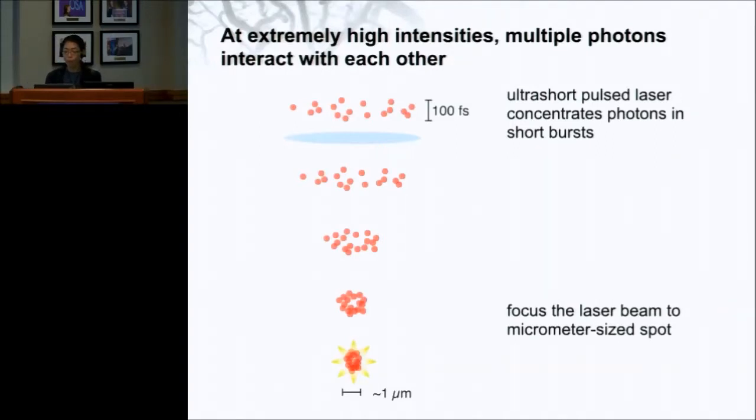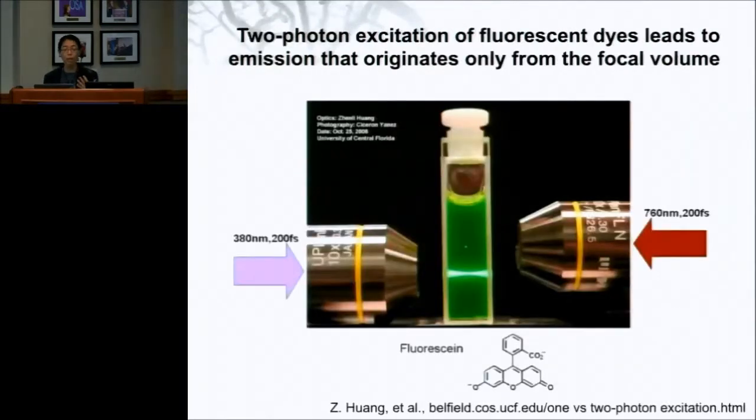The way we use this in biological questions is for a novel kind of microscopy. In a lot of biological systems, we can tag different cells and different proteins with a fluorescent dye. Here's an example of a vial of fluorescent dye.